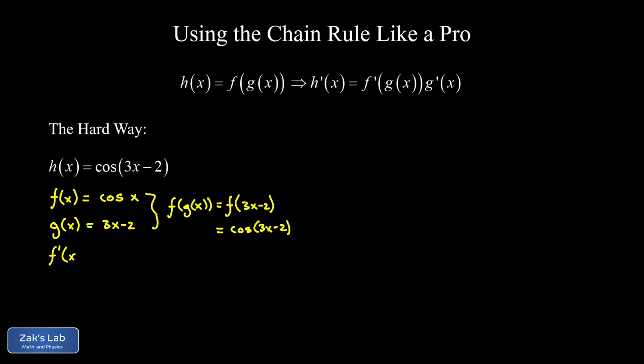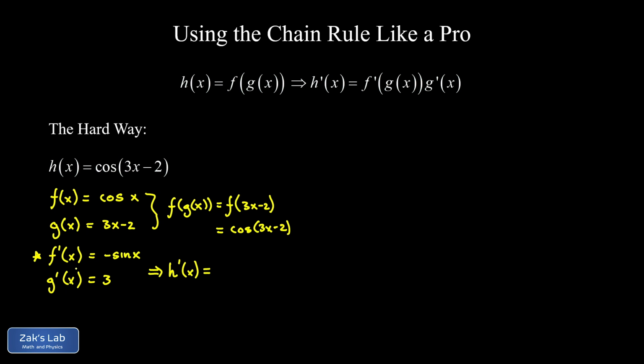So now we want to get the derivatives of f and g. So f prime of x, that's the derivative of the cosine function. That's the negative of the sine function. And g prime of x, that's the derivative of 3x minus 2, which is just 3. So now we can apply our chain rule formula. I'm trying to find h prime, and that's f prime of g of x multiplied by g prime of x.